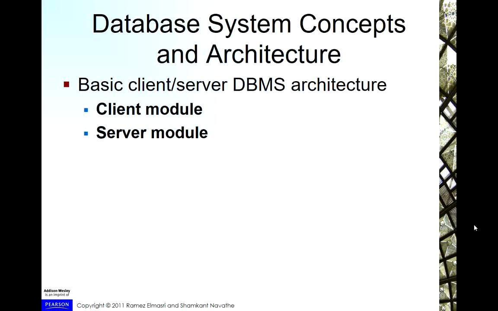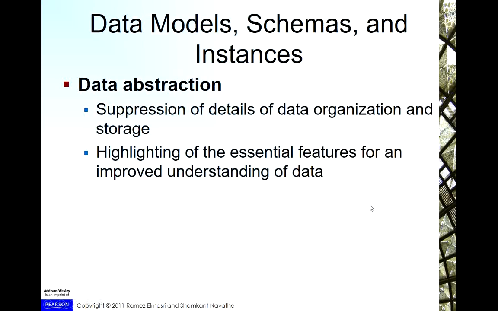The clients are computers that request information from the server and access the server remotely to get the information according to the privileges that have been assigned to the client.